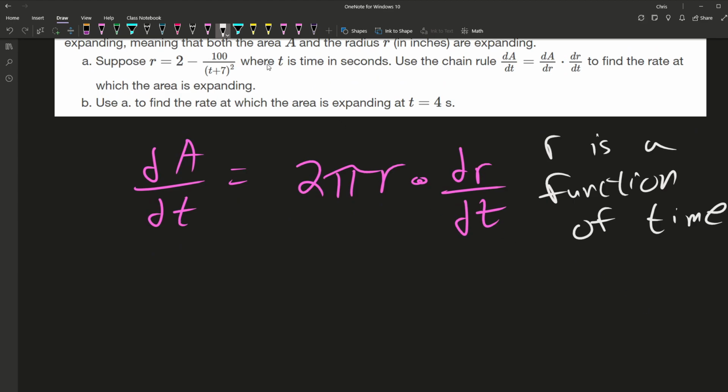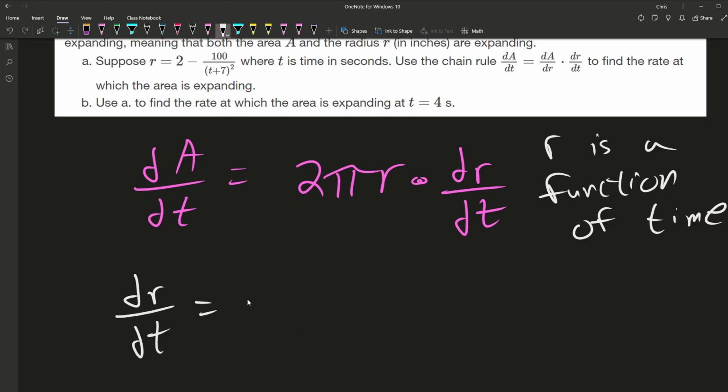So now I can use the function that I have for r to also determine what dr dt is. So dr dt is going to be the derivative of r here.